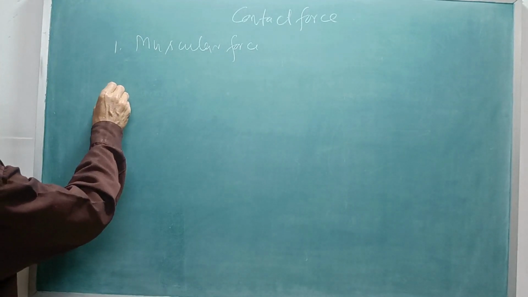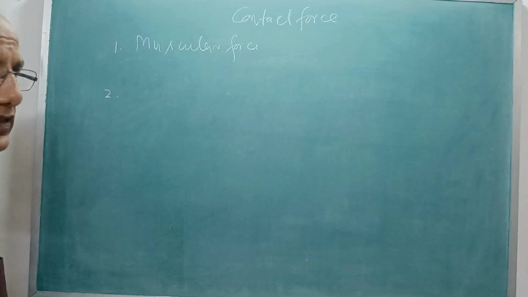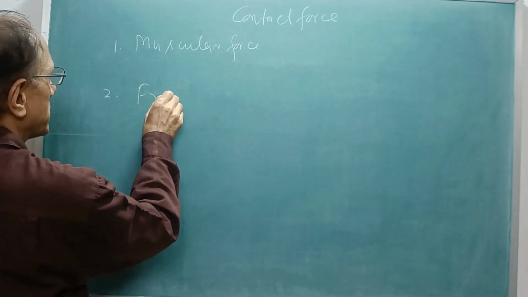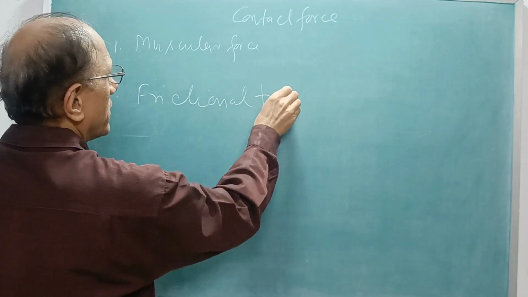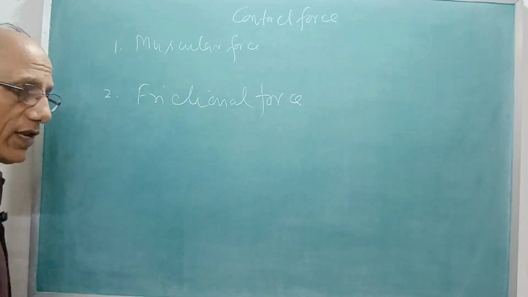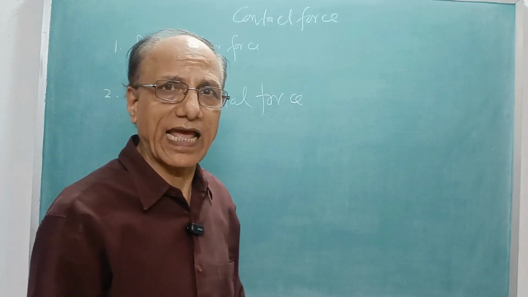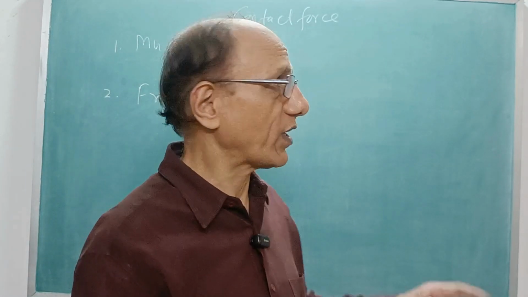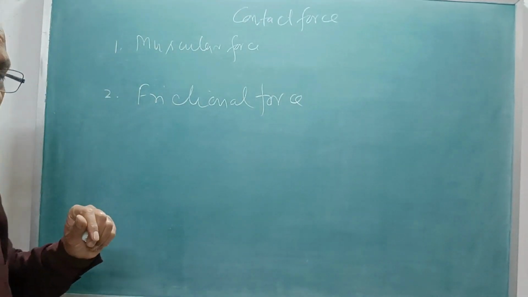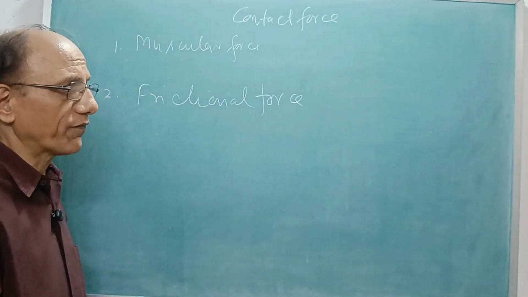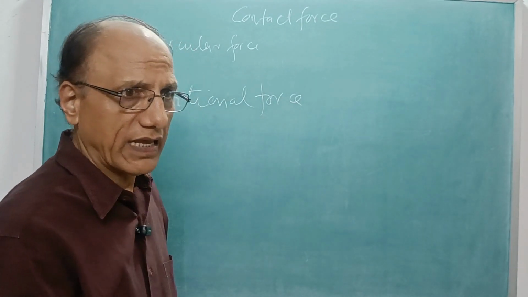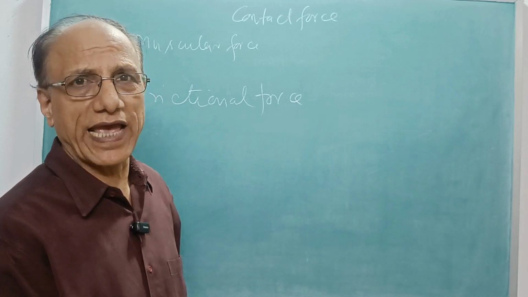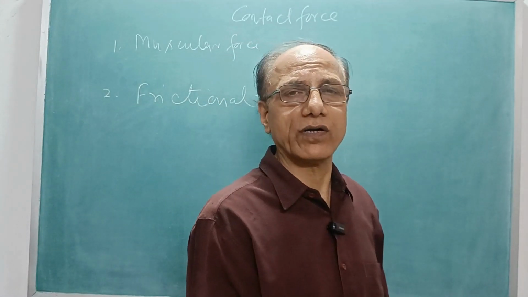The second force is the contact force, which is frictional force. While you are moving, you are using muscular force, and a retarding force acts between our shoes and the surface of the ground.